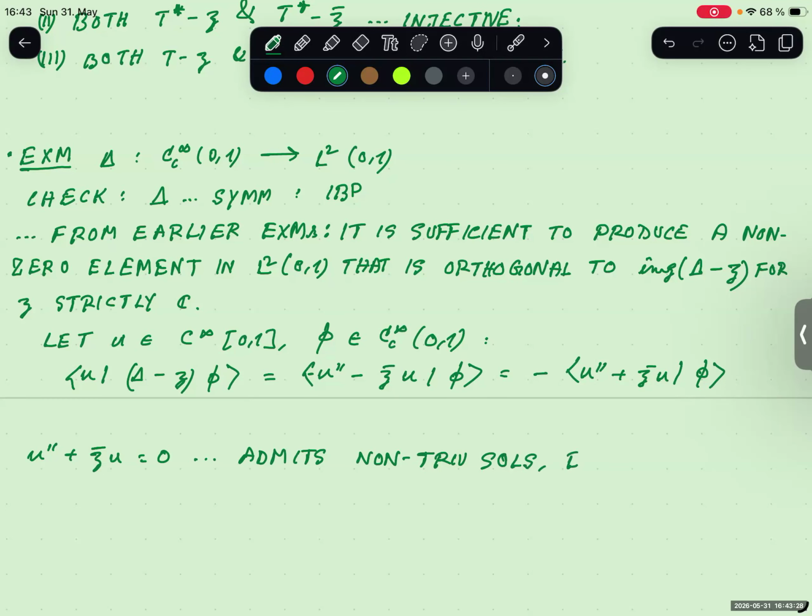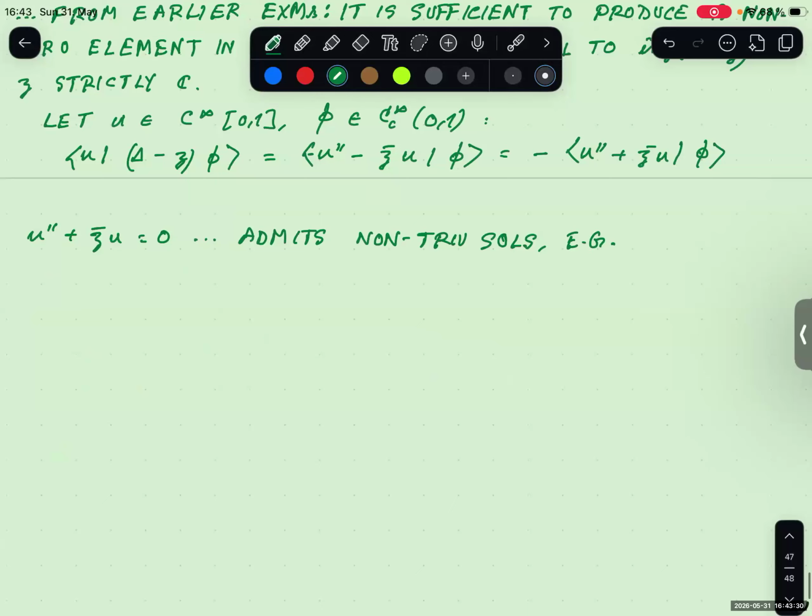For example, u of x equals e to the power i times the complex conjugate of z, square root x. If you put it in, you will see that it shows up by direct inspection.